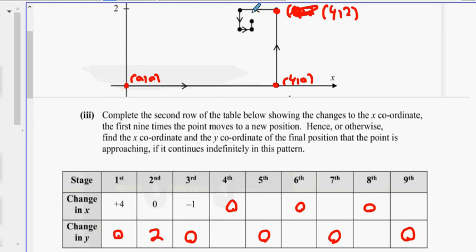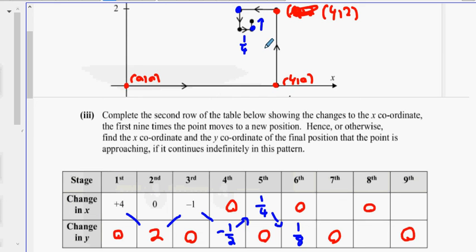So this time, that is the second go. The third go over here, we drop down. So it's 4, 2, and then we drop a half, so minus a half, and then we go to the next one, which is plus a quarter. So the change in x would be a quarter. And then we go across here, so it's going up an 8.